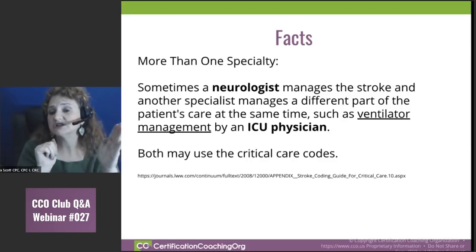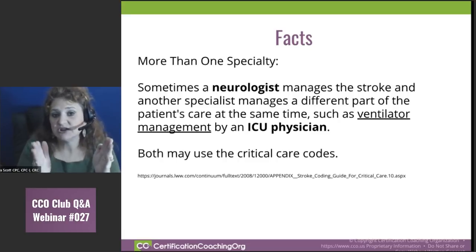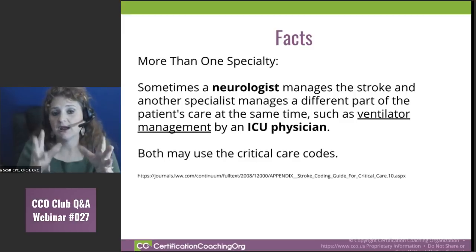So if the neurologist comes in and spends 50 minutes with the patient on day 1, and the ICU physician comes in and manages, say, the ventilation, hooking the patient up to the ventilator and writing the plan of care, the whole nine yards of doing the pre-op, post-op, and everything that needs to be done to have that person intubated.